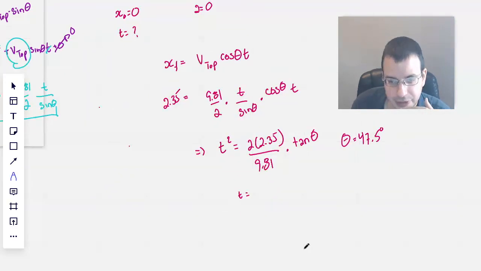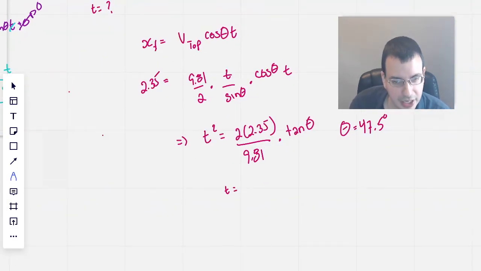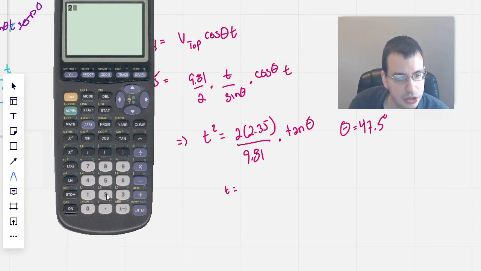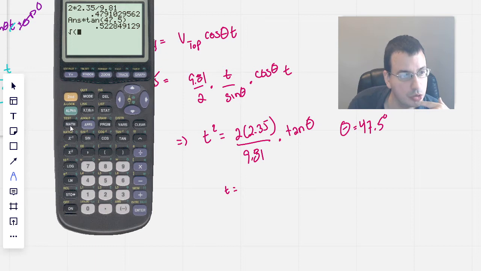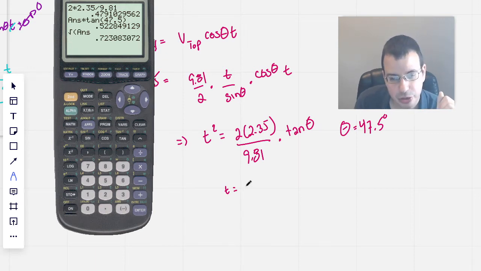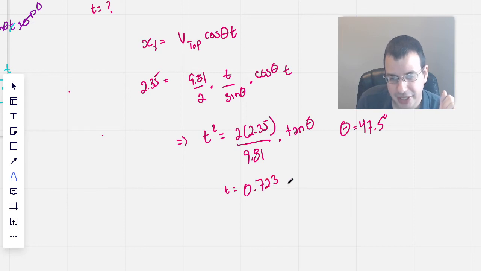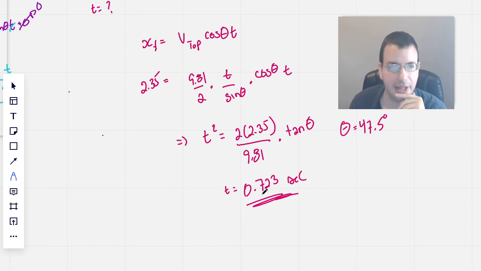Okay, so now, back to the calculator: 2 times 2.35 divided by 9.81 times tangent of 47.5, and this should give us T squared. Then we square root this. We have 0.723 seconds. Since it's less than 1, when we square root it, it actually got bigger, so that makes sense.